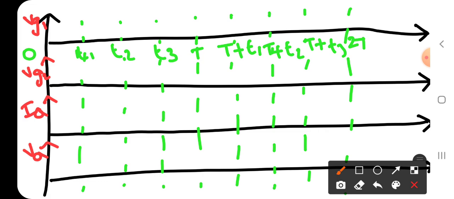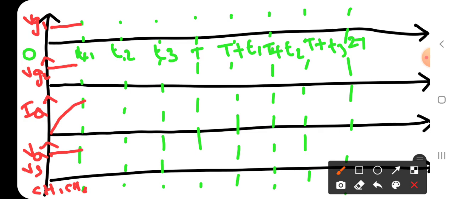Okay, from 0 to T1, Vg1, Ch1 and Ch2 are on. Therefore, the current increases like this, and voltage Va is equal to Vs. So here the switches on are chopper 1 and chopper 2.